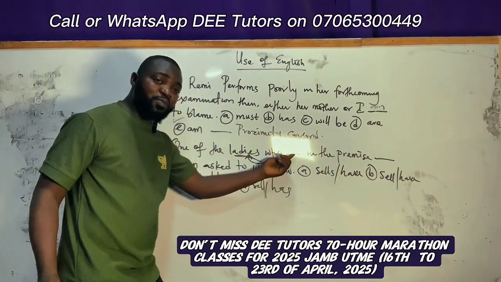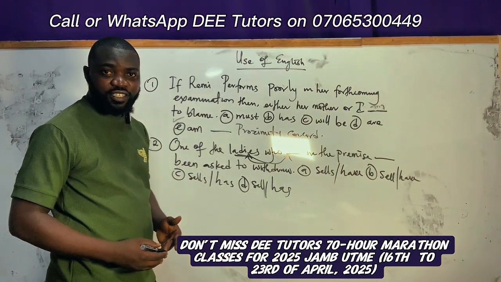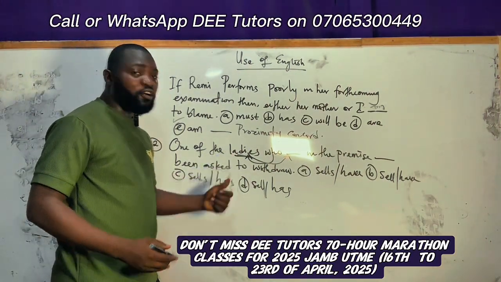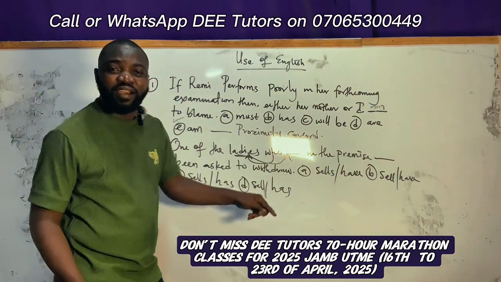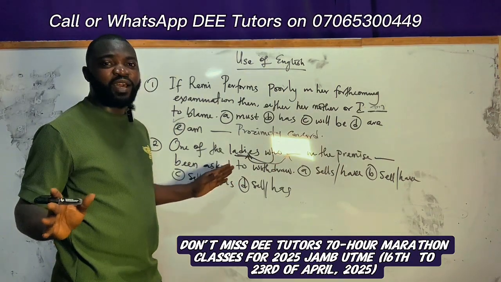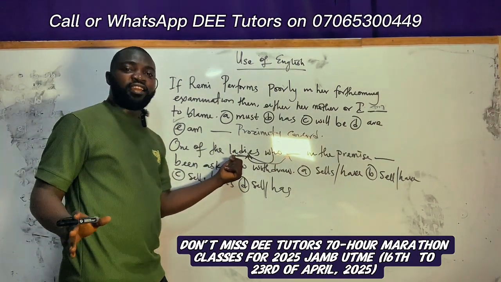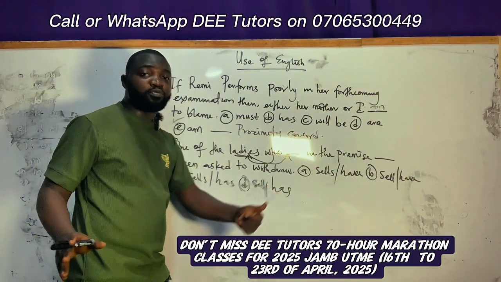The verb to be supplied here should also be plural. Anytime we use relative concord, the noun or pronoun coming before it will be the one to determine the verb coming after it. That is simple and straightforward. I hope that is clear. So if the noun is ladies, the verb to be used should be plural.